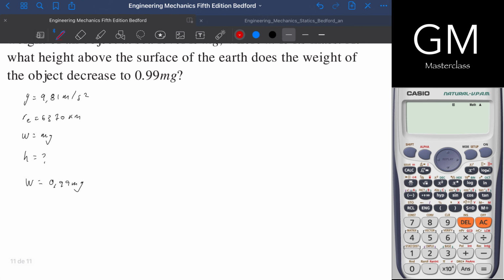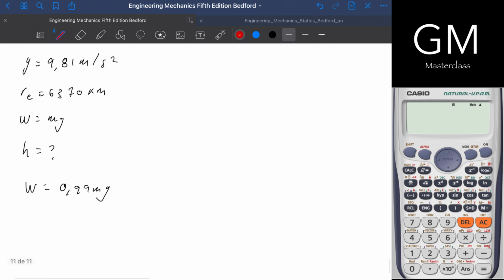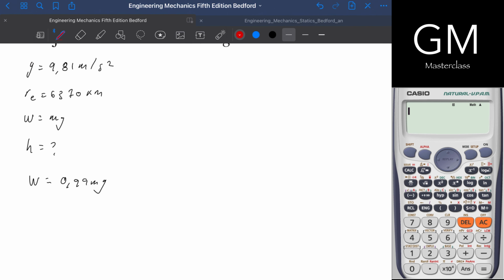I'm going to use an equation that gives a relation between a height above the surface of the Earth, the gravity, and principally the radius of the Earth, which is this one.